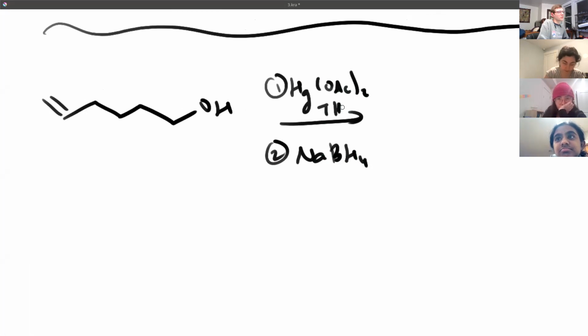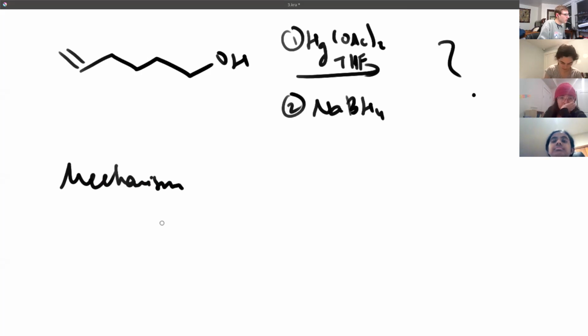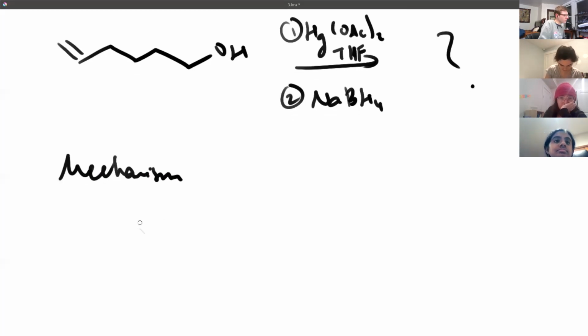Why don't I even give this a solvent and say THF? Because THF is extra irrelevant in this case. So what does that make? There's a question. Okay, cool. Okay, here's write out a mechanism. So how about you write out a mechanism for something that looks like this?